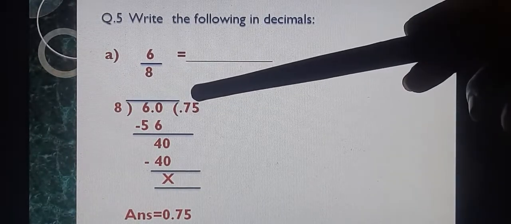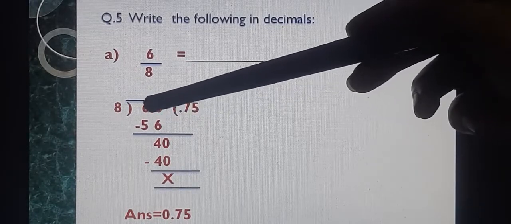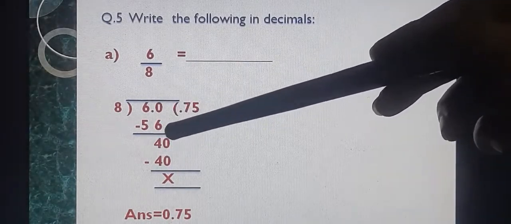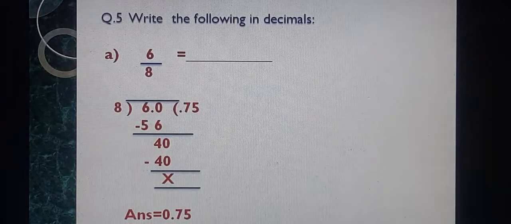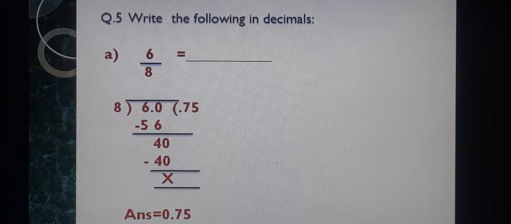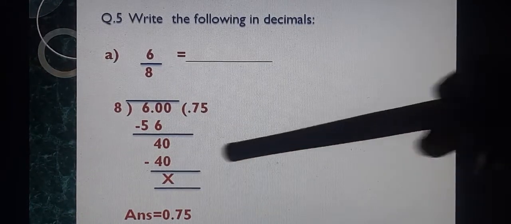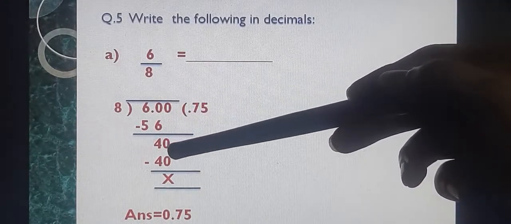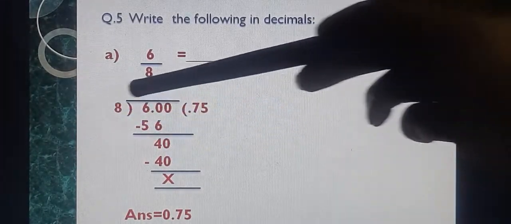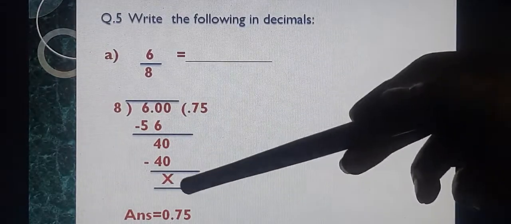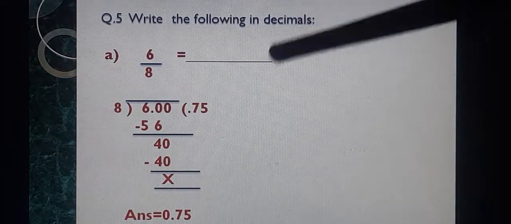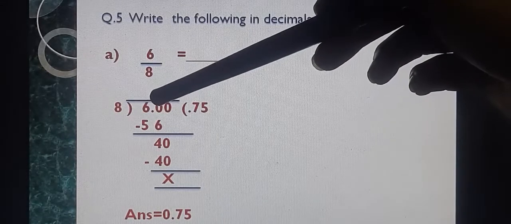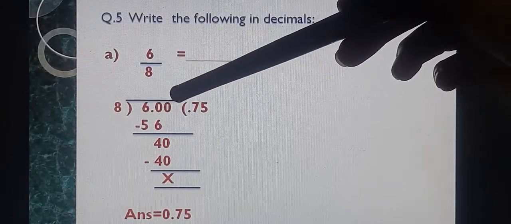Now 8 sevens are 56. 10 minus 6, 4. Remainder is left. In decimal sums, we should not leave a remainder. So as 4 is left, we will take one more 0. Now this 0 will be considered here. It will become 40. 8 5s are 40. Now remainder is 0. Now to put decimal, see after decimal 1 and 2. 2 digits are there.